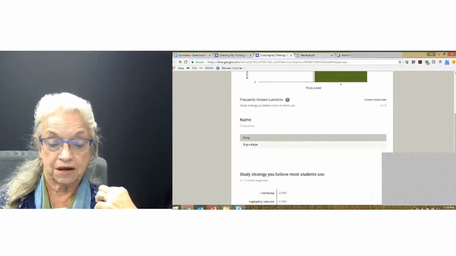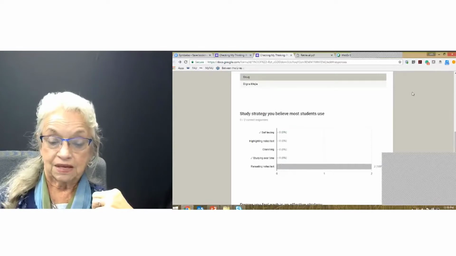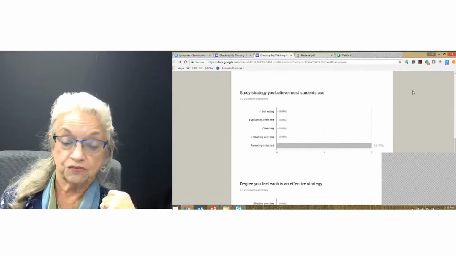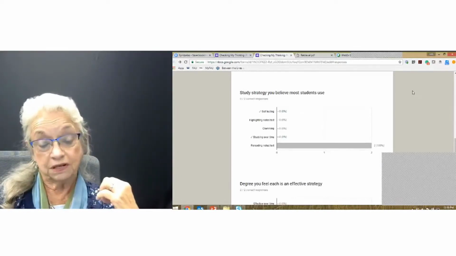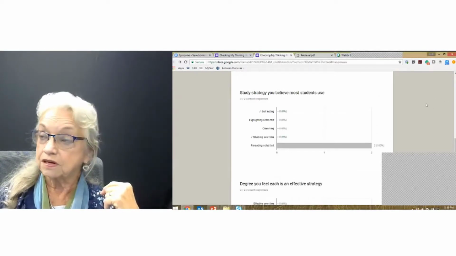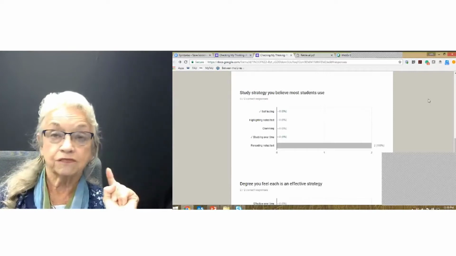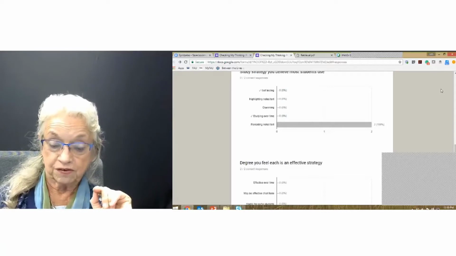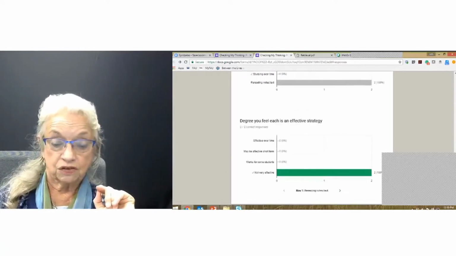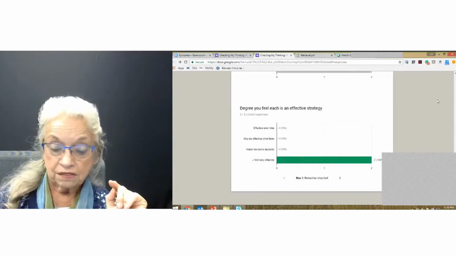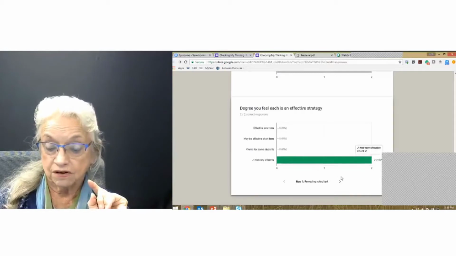For the strategy that we believe most students use, we do know that rereading the notes in the text is one of the things that students tend to think is effective, just because that's what people have done forever. But rereading the notes in the text is not a very effective strategy.